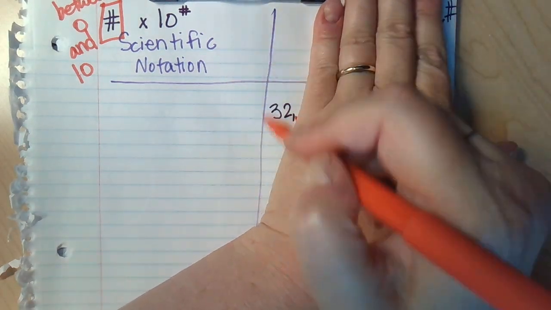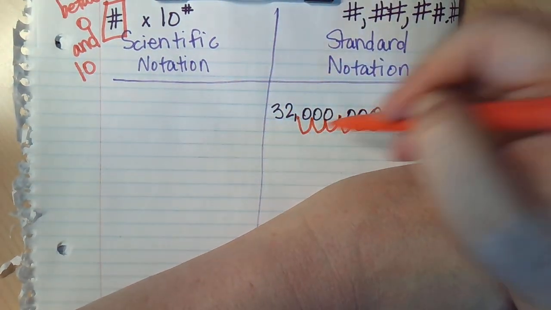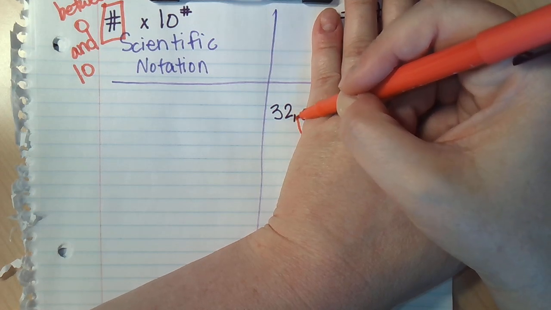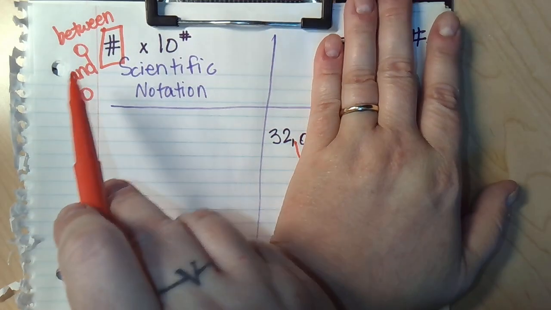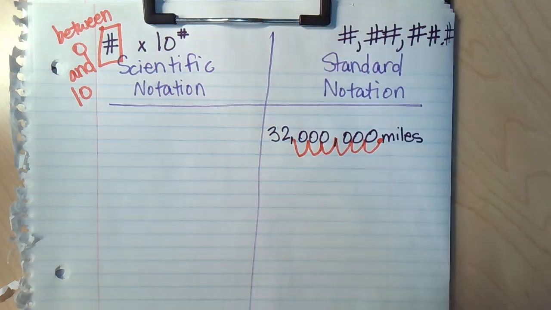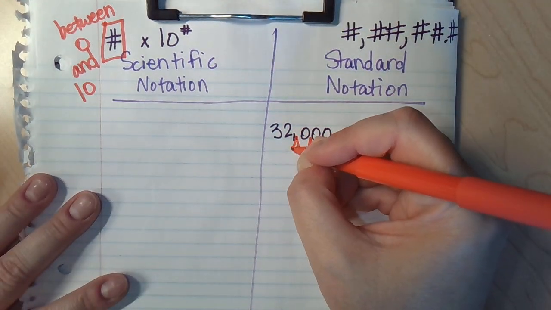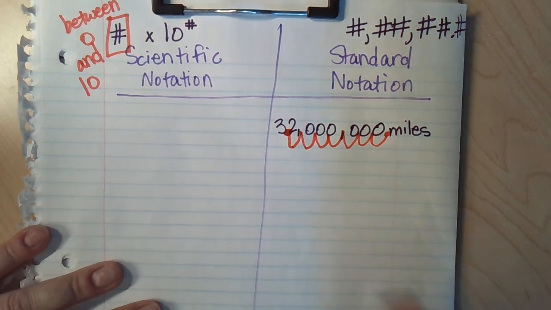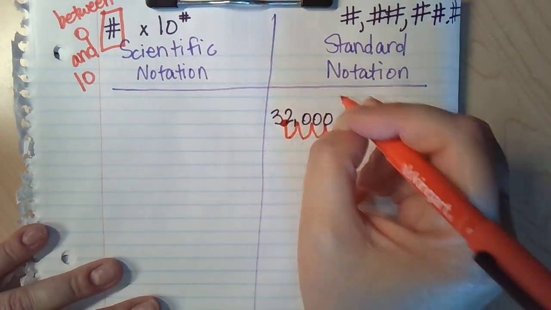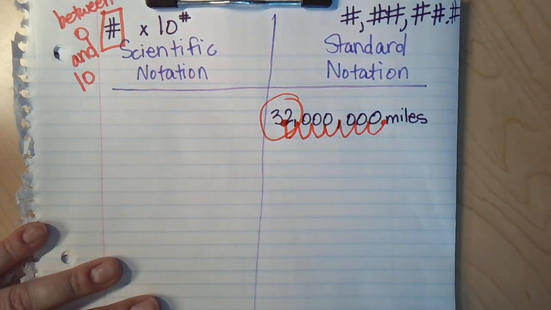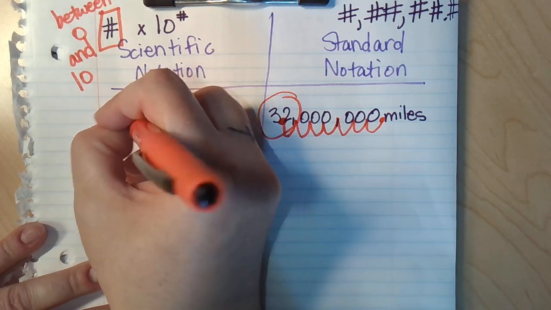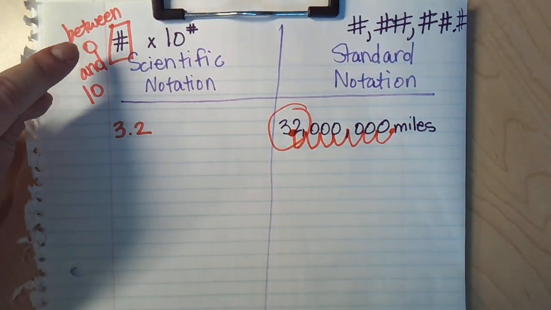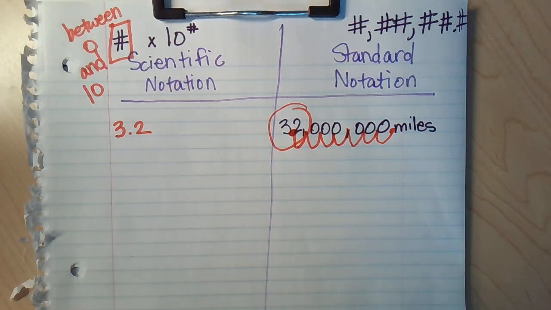But look at the number that I have with 6 movements. If I put that decimal after the 32, it's still just 32. But I want a number in between 0 and 10. So I'm going to take one more swoosh. Alright. So now I see the number 3.2. So this first number you write down for scientific notation has to be in between 0 and 10.